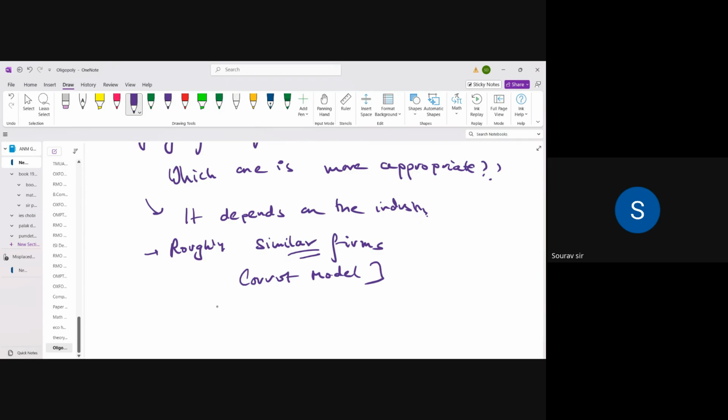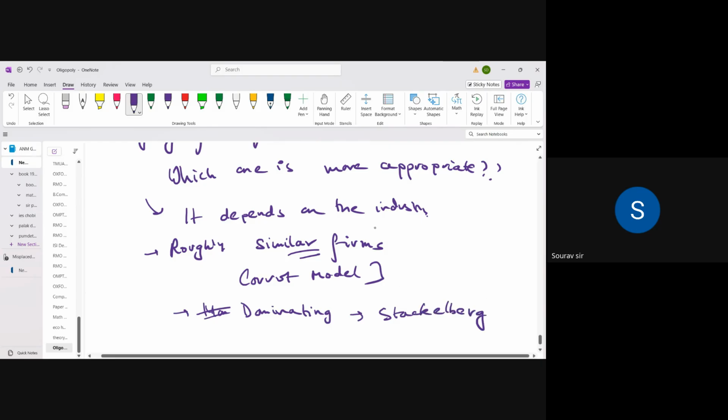But if there are dominating firms, you cannot say monopoly, but dominating ones, then it will be more realistic to use Stackelberg. So it depends on the type of industry.